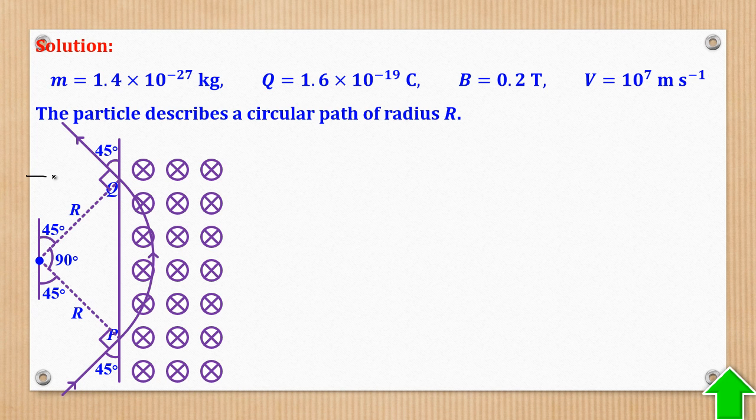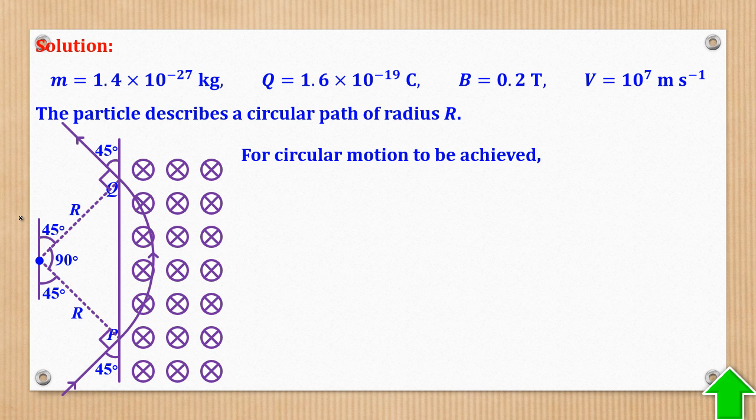So if this is 45, this is 90, it means that even here there will be 45. Meaning this angle will also be 45, alternating. Also here 45, 90, this will be 45. Meaning that this angle is also 45, like that.